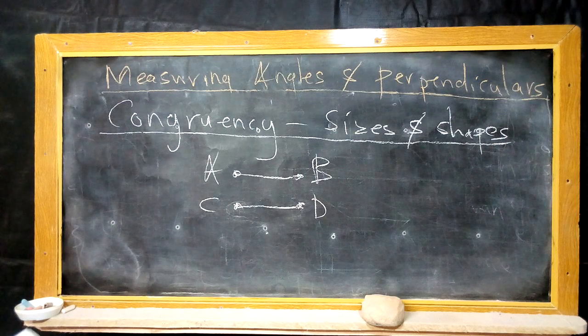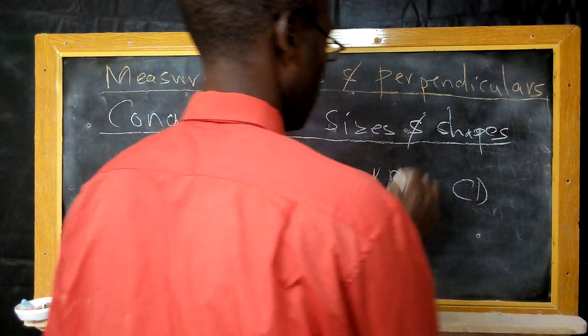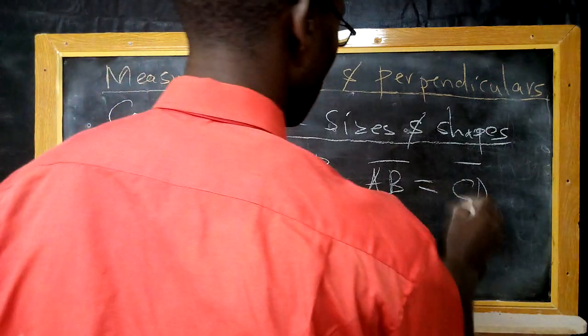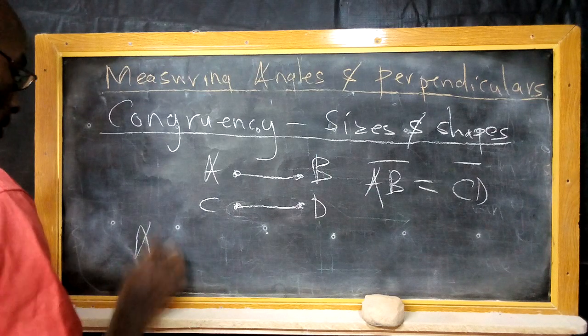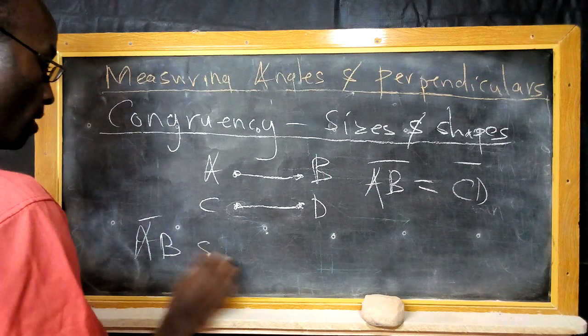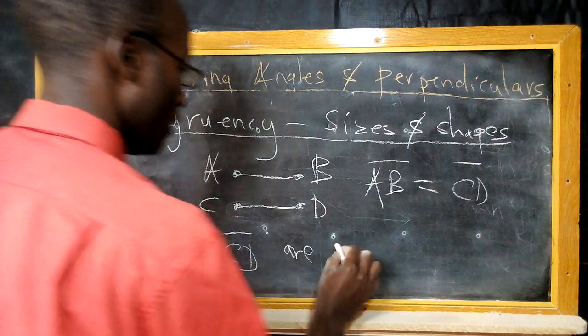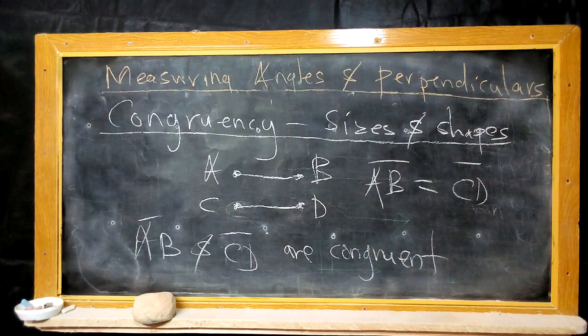If the two segments are equal, then we can denote the two segments as segment AB and CD. And if the two segments are equal, then we can say that segment AB and segment CD are congruent.